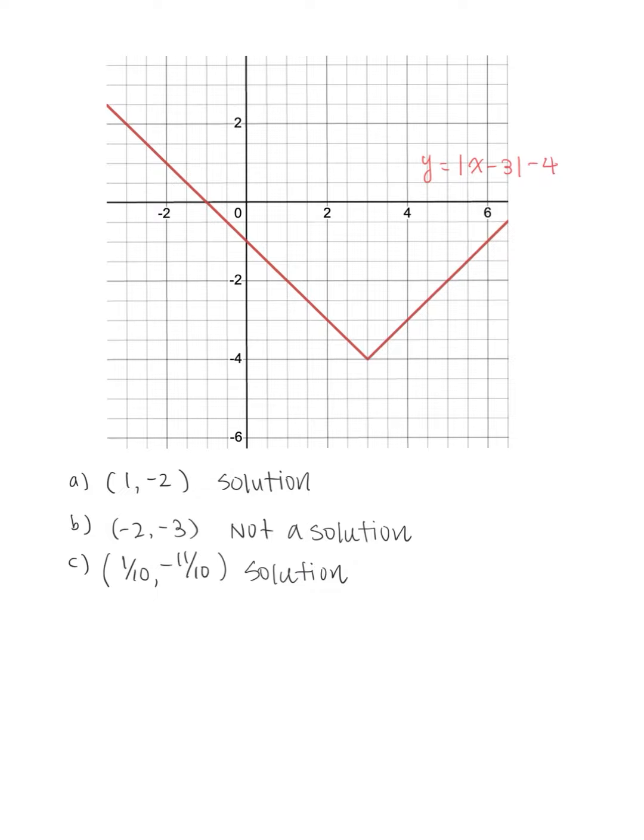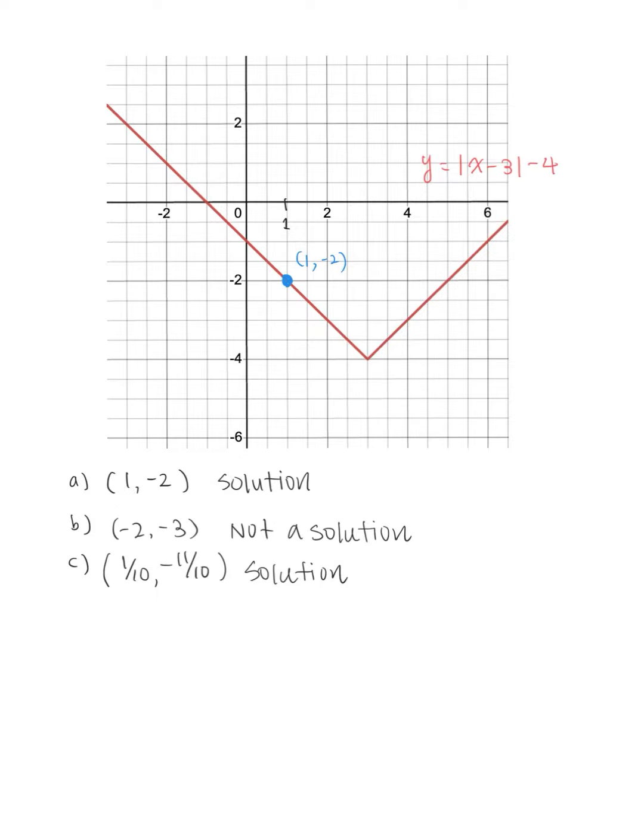Now let me plot where those points are going to be. So let me plot 1 comma negative 2. So where is that? Let me change up the color. x is 1 is right here, and negative 2, so it lies on the line, doesn't it? So this is 1 comma negative 2, which happened to be a solution.